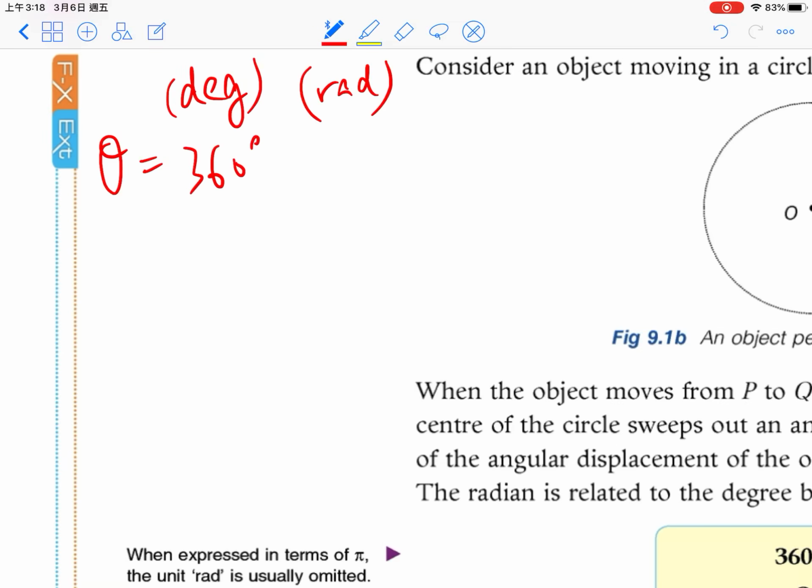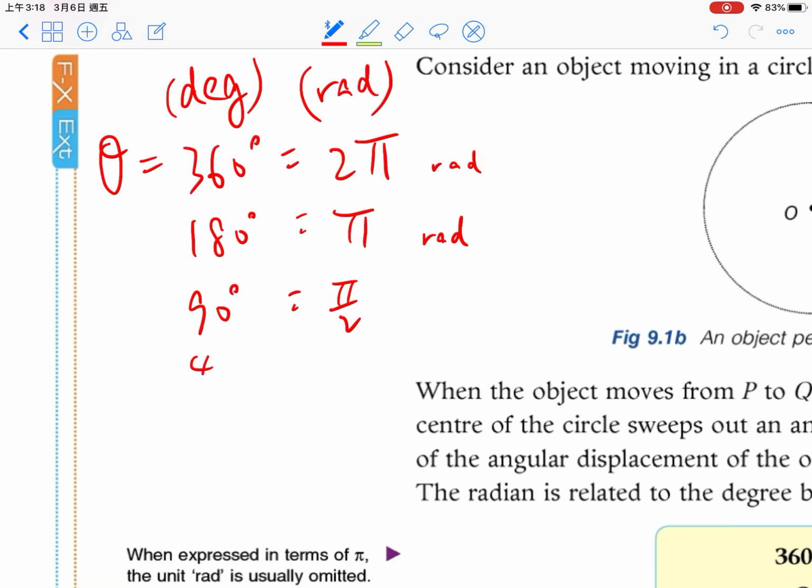If it is 360 degrees, then it is 2 pi radian. 180 degrees will be pi. So we can change by proportion. So 90 degrees will be pi over 2. 45 degrees will be pi over 4.